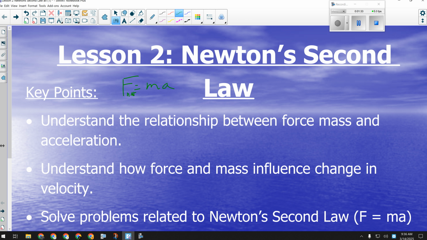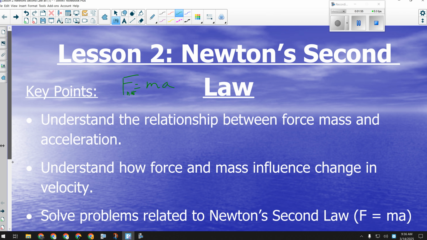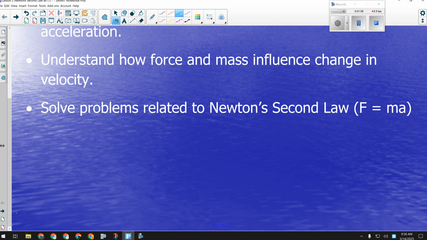This is half of Newton's second law. When there's a net force, a mass will experience an acceleration. The other part of that is, why is there a net force? What are all the forces involved, and how are they not balanced? So there are actually two halves to Newton's second law, and it goes more like this.